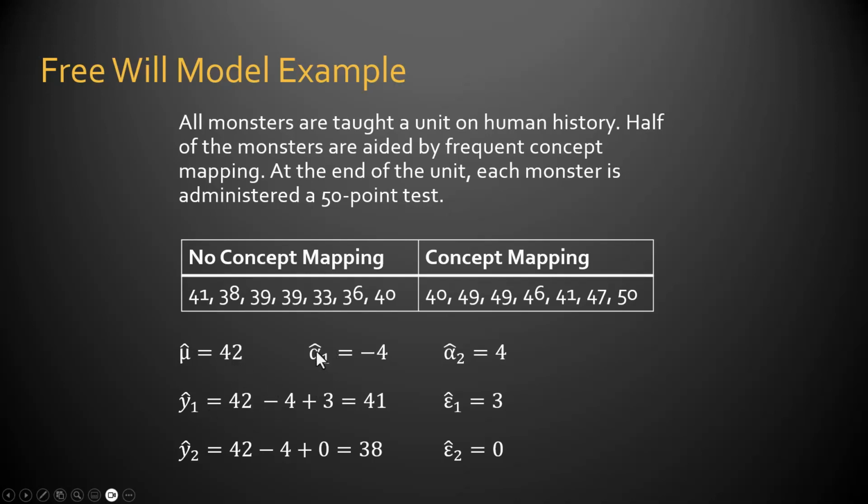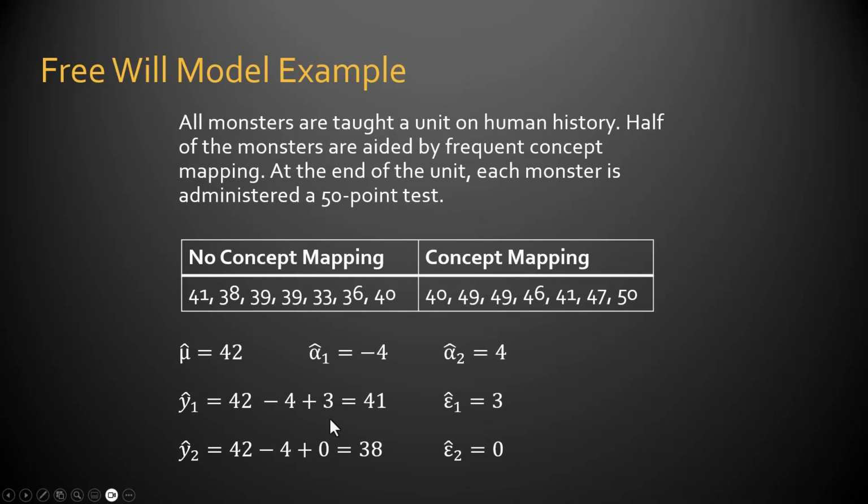We take minus 4, which is our estimate of the effect of being in the no concept relative to the baseline, but that would give me 38. And this monster's actually, this 41 is 3 above 38. So even though this monster would come down as a result of being in the no concept mapping group relative to baseline, the monster actually scored higher than I would have predicted for that monster.